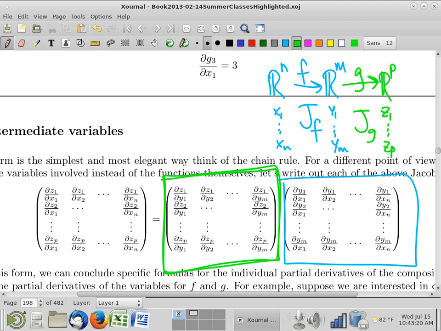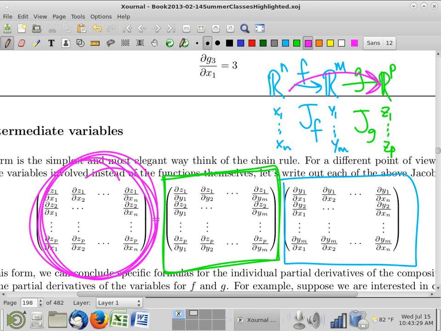Right? And so then this matrix, being the product, therefore being the Jacobian of the composition, is the partials of the z variables with respect to the x variables. So altogether, it's just the chain rule rewritten and sort of expanded out, sort of full ugly. Right? That's all it is.